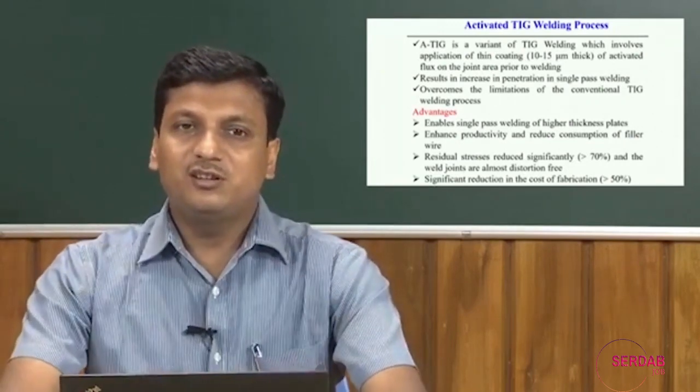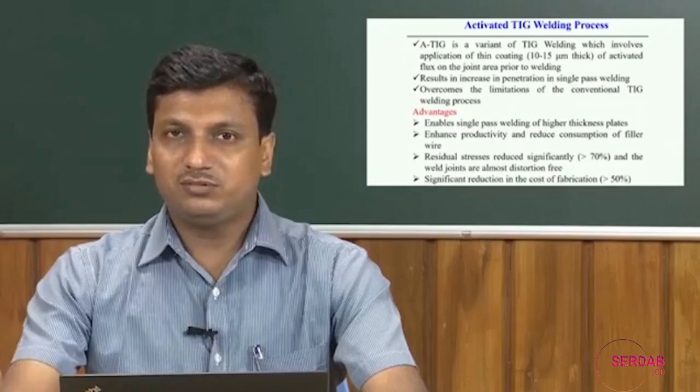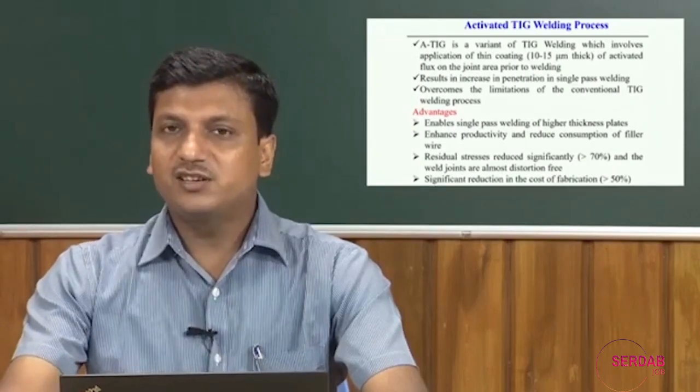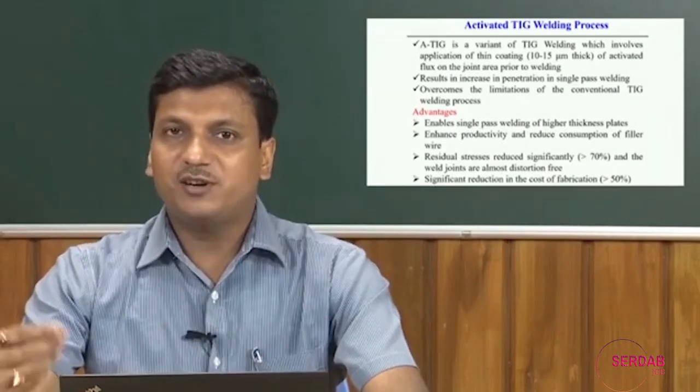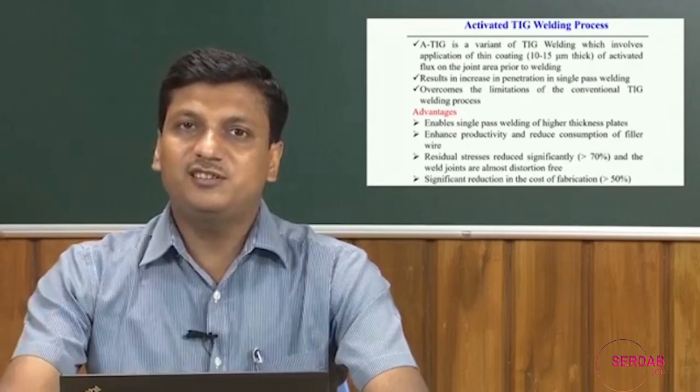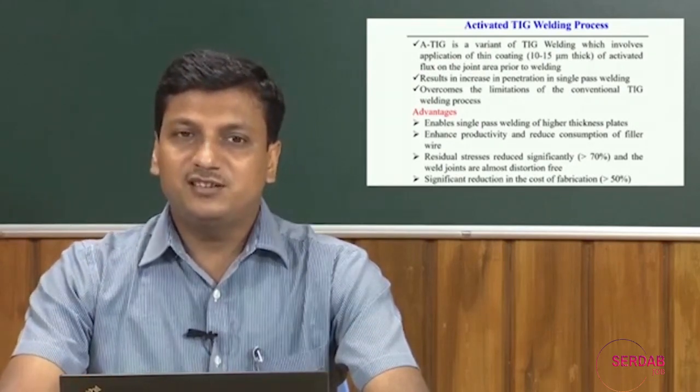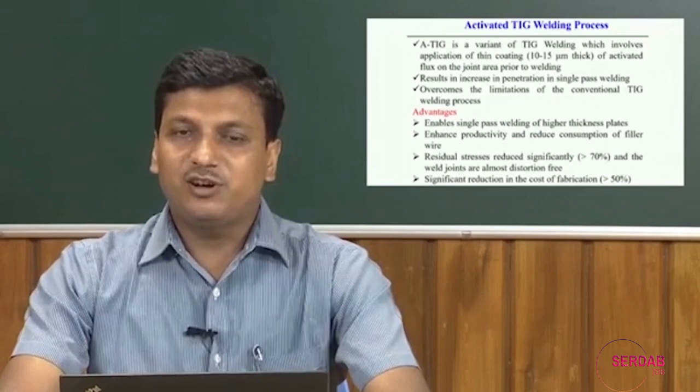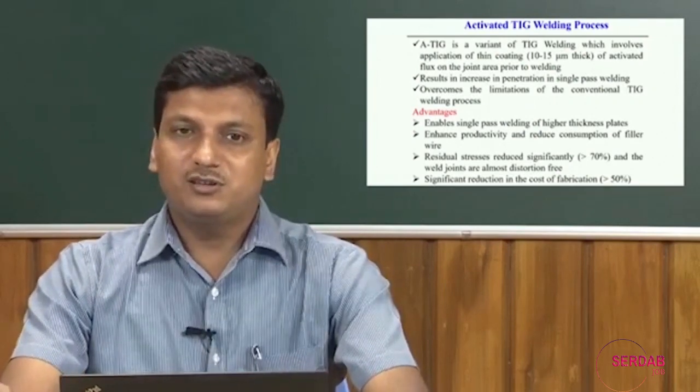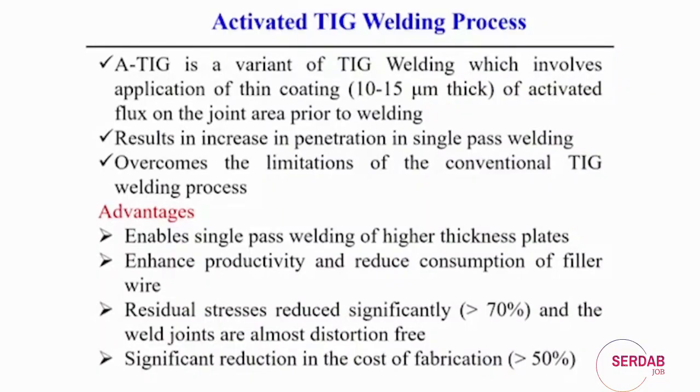Once we do the normal welding process, the surface active elements affect and finally change the weld pool shape and size, impacting the final weld joint properties. In this way, the ATIG process is the way we can overcome the limitations of the conventional TIG welding process.